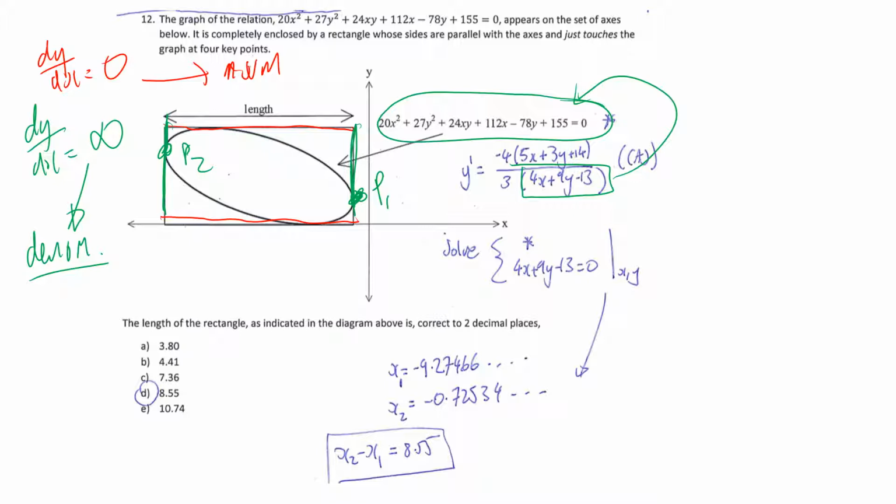That might confuse you a tad. Let me just go back. Okay. So here's x1 over here, x2 over there. So x2 minus x1 gives us the length of the box, and it turns out to be 8.55.